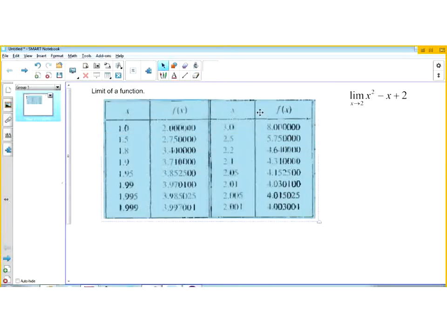Consider this table. It's a multi-column table with a divider, and in the left two columns we examine the limit analysis as x approaches 2 from values of x less than 2.